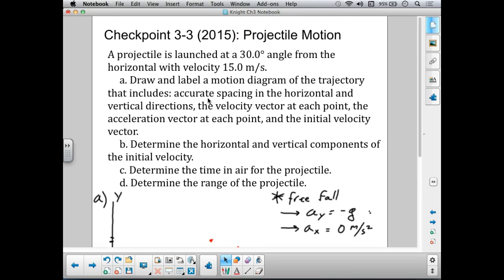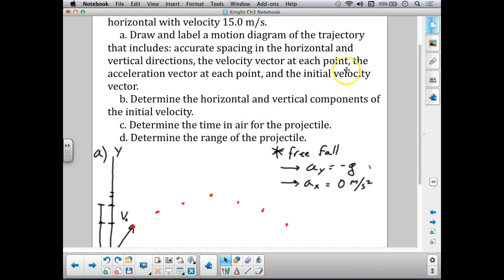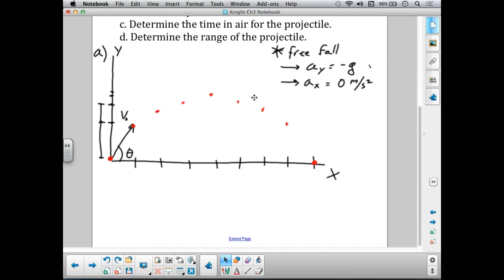Now, a couple other things that we were asked to put on here. We've got our accurate spacing in the horizontal and vertical directions. I need to put a velocity vector at each point, the acceleration vector at each point. And I've already put the initial velocity vector on there, so let's just add my velocity vectors and my acceleration vectors. I'm going to do the velocity vectors in blue just to make it distinct from the dots, but each dot is moving towards the next dot.